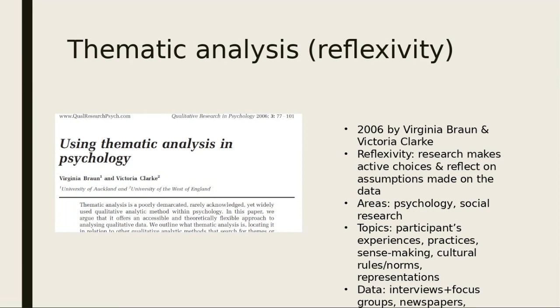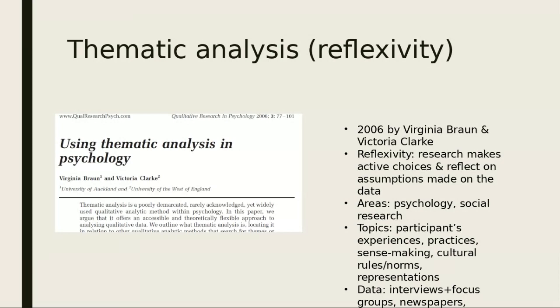Although more and more you will see this applied to other types of areas, even including research designs like case studies and some ethnographic approaches as well. So here the topics could be participant experiences, practices, sense-making, behaviors, cultural roles and norms, representation as well. And it's a bit more large.